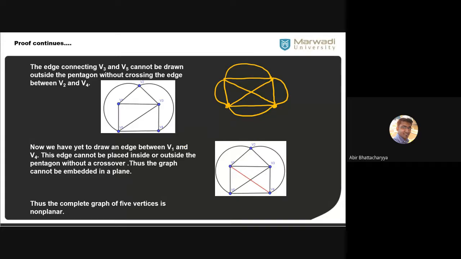Okay, Prince told me that it is a planar graph. Think about it, whether any geometric embedding is possible or not. Okay, Prince, how is it planar?